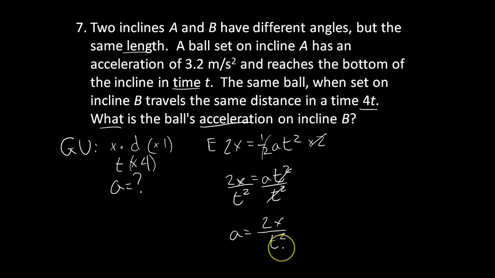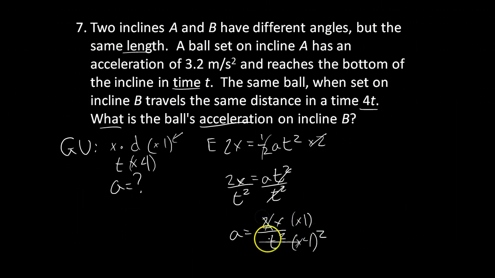All right, so now let's do our multiplying factors here. We are going to take the x and multiply it by a factor of 1, or the displacement is multiplied by a factor, and we get that from up here. Now, the t is multiplied by a factor of 4, but we've got to be careful because this time around it is squared, so we've got to make sure to square that.